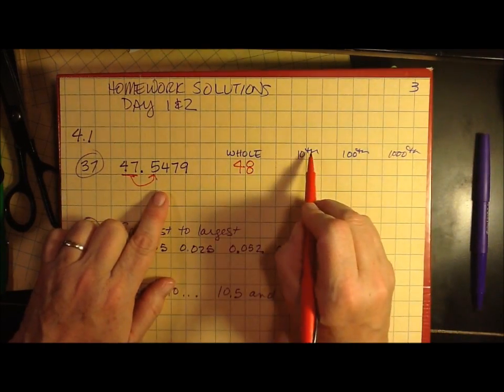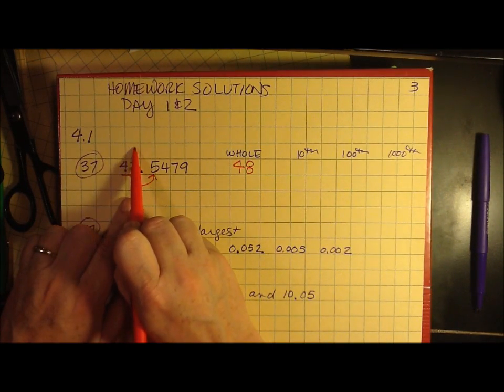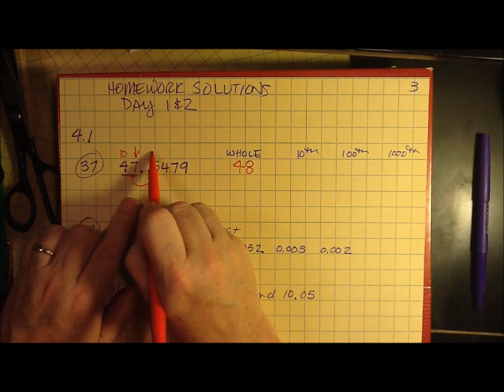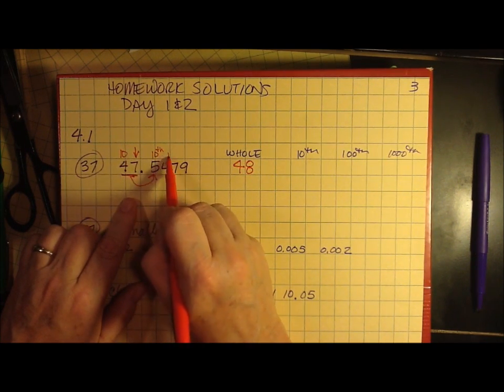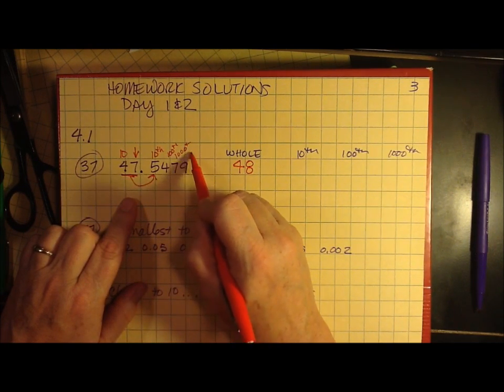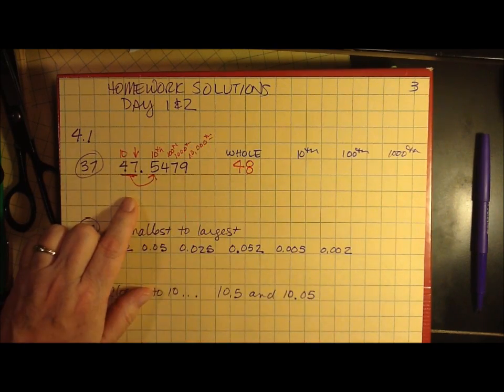If I'm rounding to the nearest tenths, and let me remind you, the 1 is the thing in the middle. So here's the tens, but here's the tenths, hundredths, thousandths, 10,000ths. Okay?